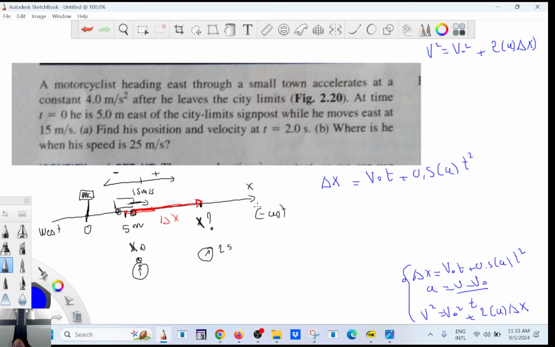So here they give me the time, so I'm going to use this one. Displacement equals initial velocity times the time elapsed, plus one half acceleration. Oh, look at that, I'm losing points here. I'm supposed to put the acceleration.